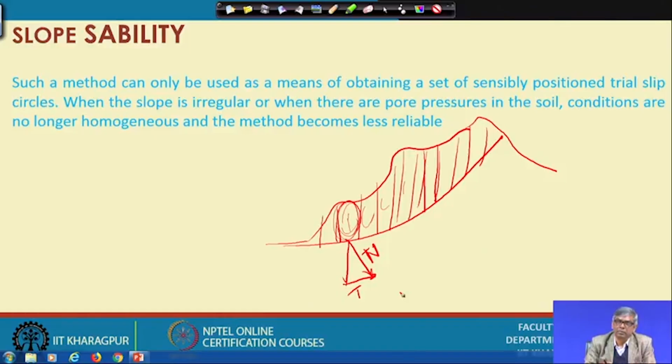But what Jambu suggested is that at any place on the slope a slice is taken, and equilibrium of the slice is considered. That means the slice is isolated, and then we look at what forces act on that slice. Earlier we considered only the normal and tangential forces, and we did not consider the side forces.